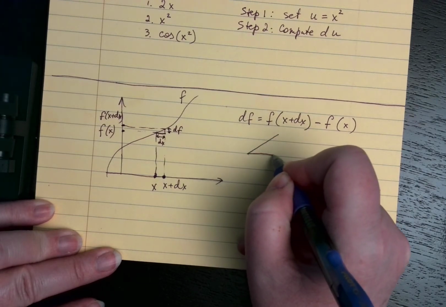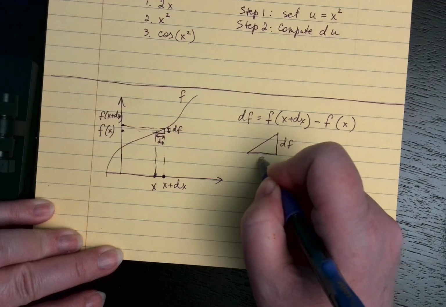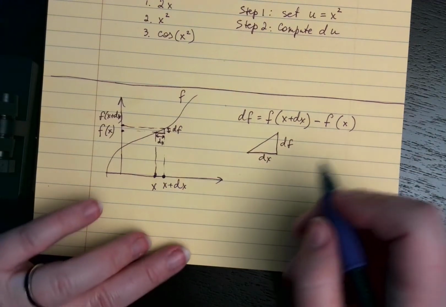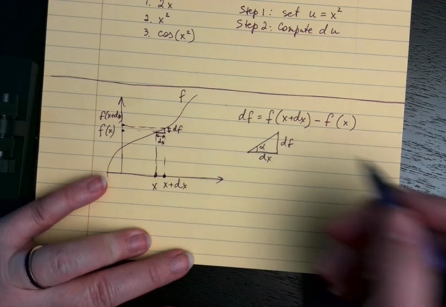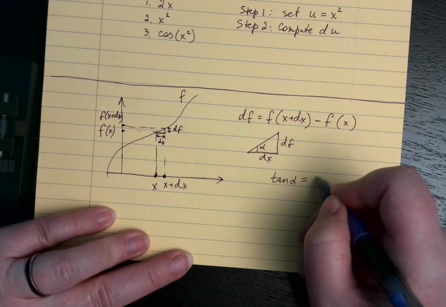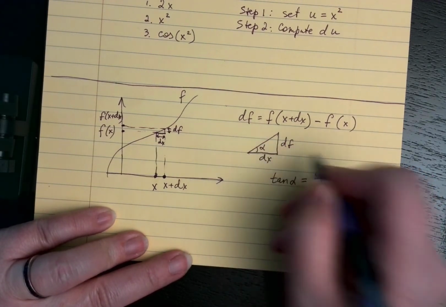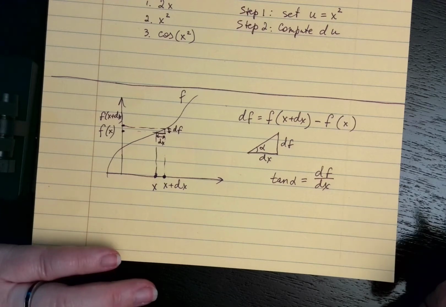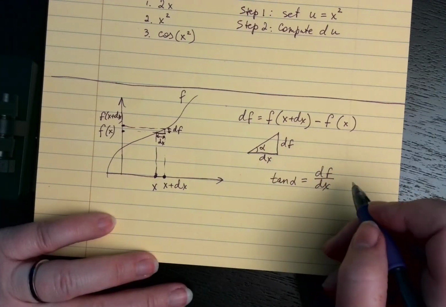Let me draw a little bit larger triangle. So df, dx. And note that if this angle is alpha, then tangent alpha is equal to df divided by dx, right, from this triangle. But on the other hand, tangent alpha is exactly our derivative f prime.